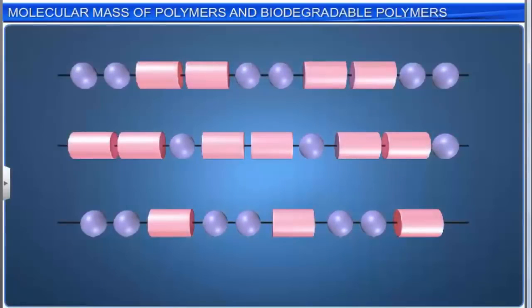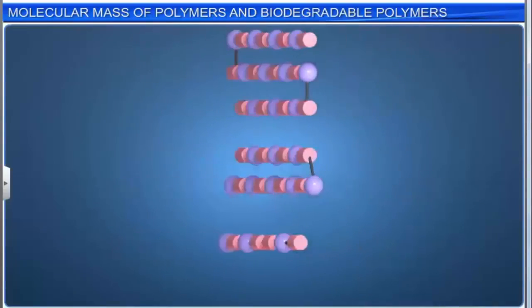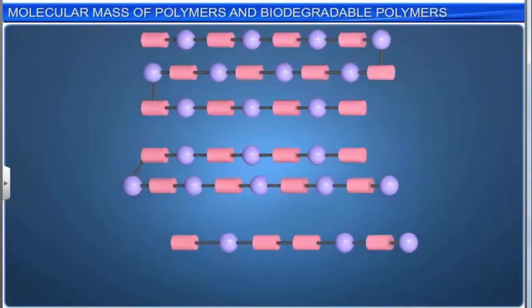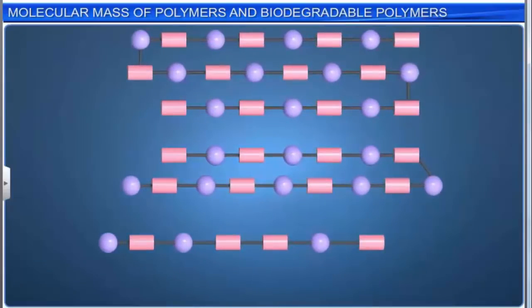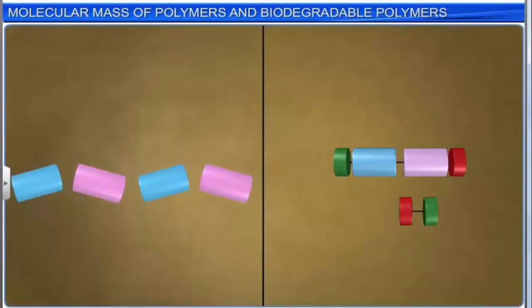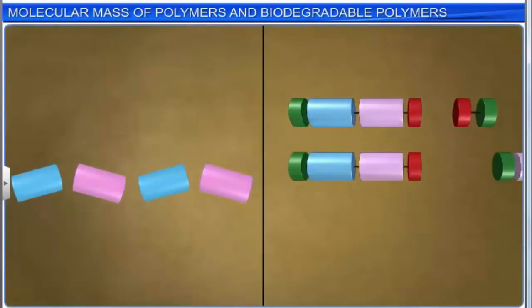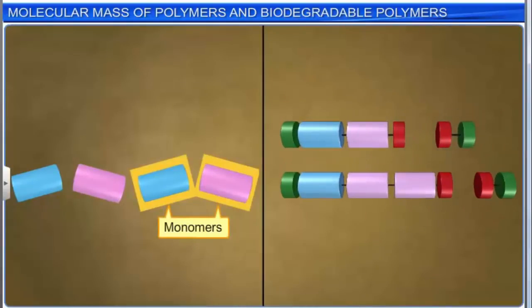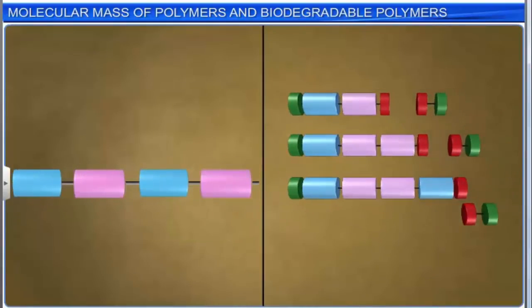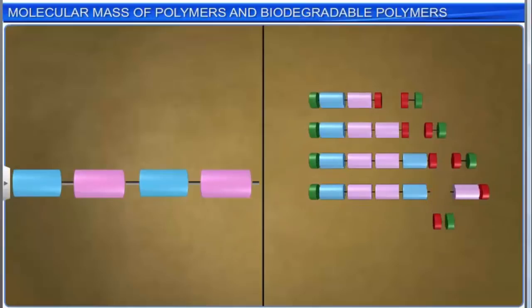However, polymer samples are a mixture of molecules with different numbers of repeating units. The different sized chains of molecules present in the mixture of a polymer will account for its overall behavior. In other words, the behavior of a polymer depends upon the availability of monomers in the reaction mixture or the way the polymer is produced.